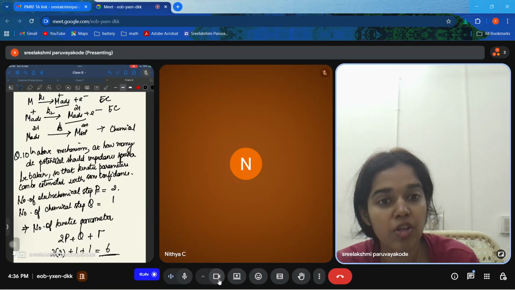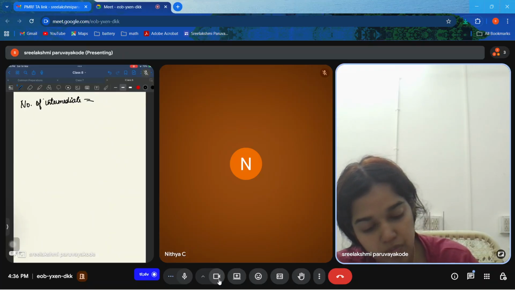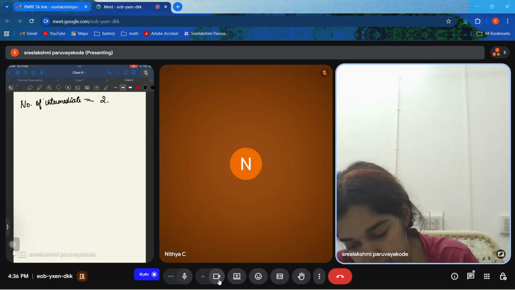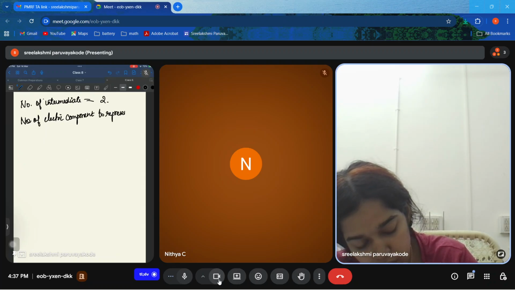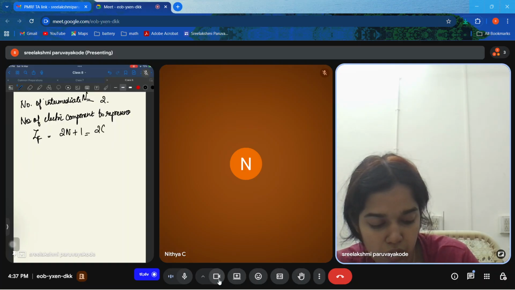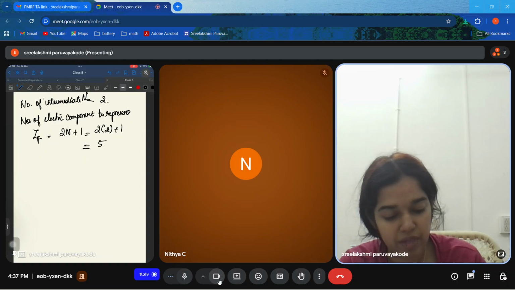This M adsorb plus and M adsorb 2 plus, you have two intermediates. So the number of electric components to represent ZF is equal to 2n plus 1, which is 2 into 2 plus 1 equal to 5, right?